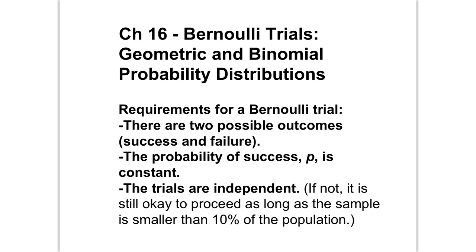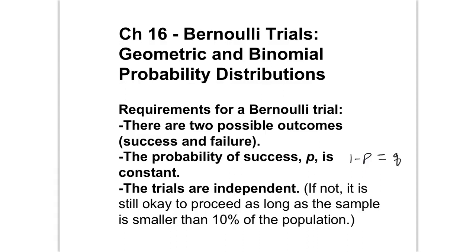So just be aware of the way a particular problem reads, that what is being defined as the probability of success or failure. Okay, and the P would be the probability of success, and then usually 1 minus P will be the probability of failure, and we will use Q to represent 1 minus P.